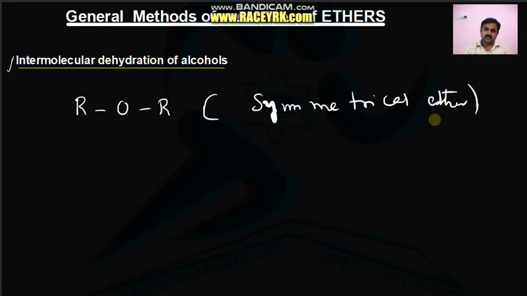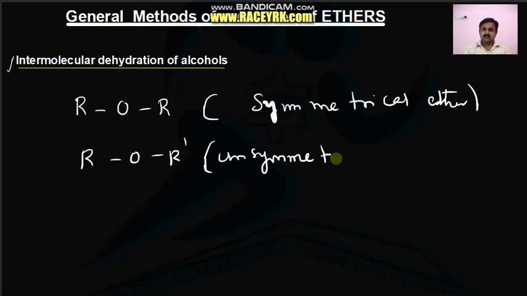That ether you will call as symmetrical ether, means both the alkyl groups are same. But if you try to prepare unsymmetrical ethers, unsymmetrical ethers means ROR dash, that means alkyl groups are different. That time we can call that ether an unsymmetrical ether.